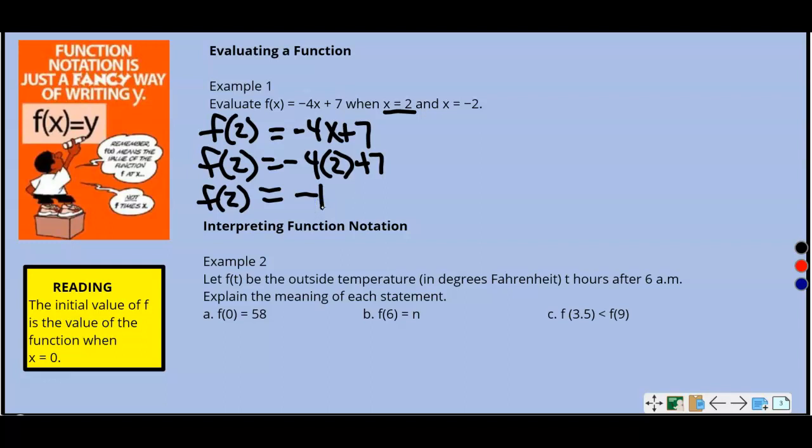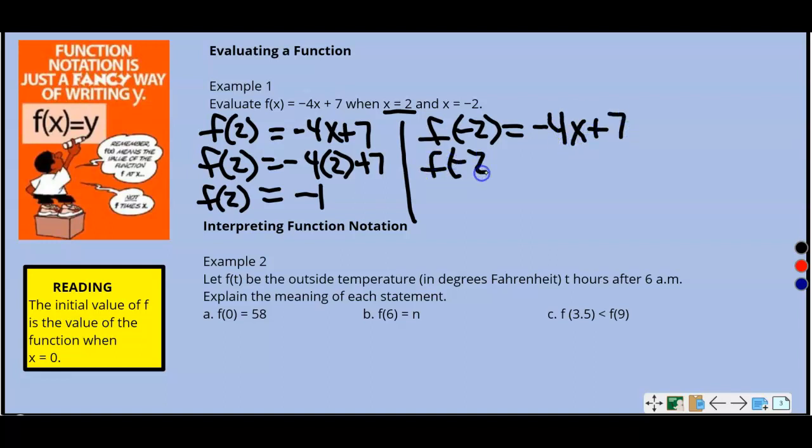So your x would be 2, f of x would be negative 1, or your y value would be negative 1. So x is your independent variable, and y depends on what value of x you plugged in. All right, so f of negative 2 equals negative 4x plus 7.